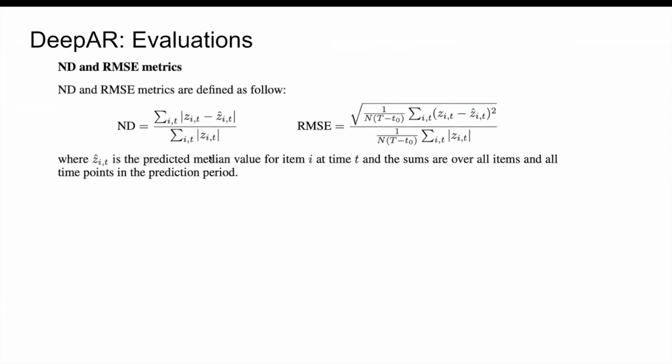This is pretty much very similar to MAE and MSE. The difference is that it normalizes the MSE and MAE based on the ground truth. So the ND will correspond to the L1 error, and the RMSE will correspond to the L2 error.